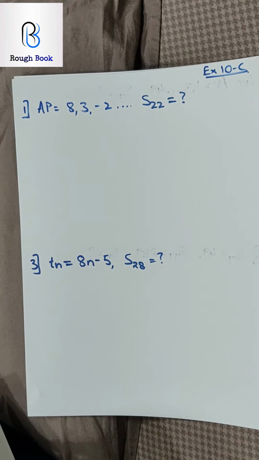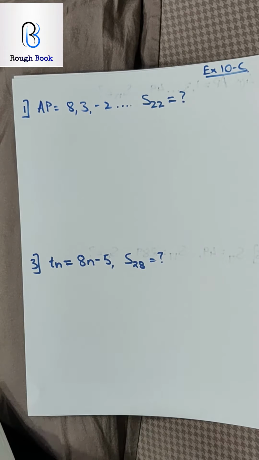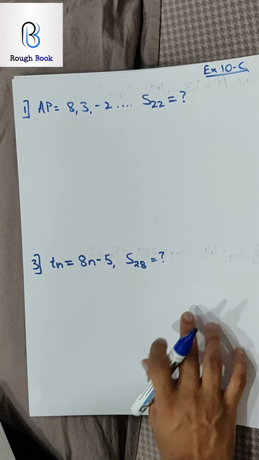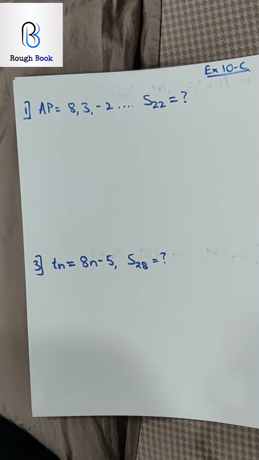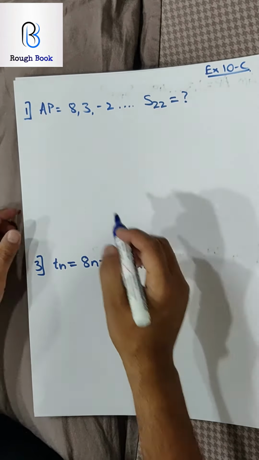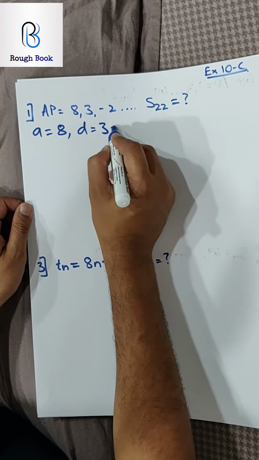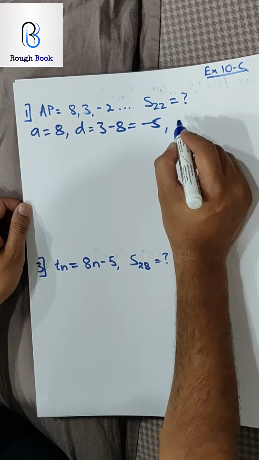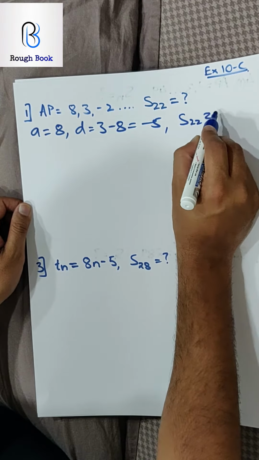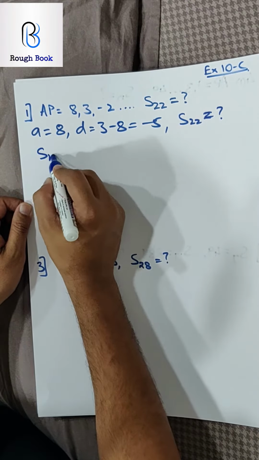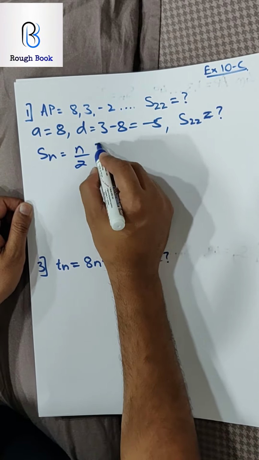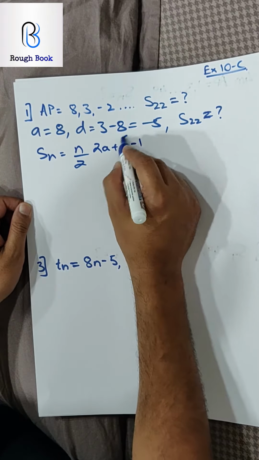They have given you a series 8, 3, minus 2 and they are asking you to find the sum of first 22 terms. So let's see how we can go about it. My a is 8, common difference 3 minus 8, so minus 5. I need S22, so I shall use the formula Sn equals n by 2, 2a plus n minus 1 into d.